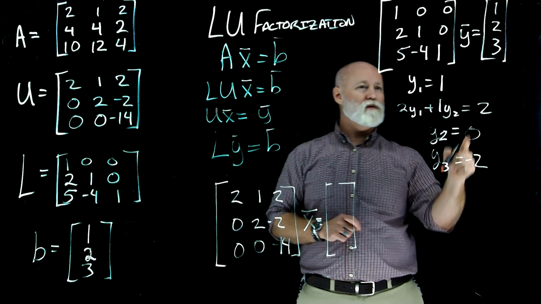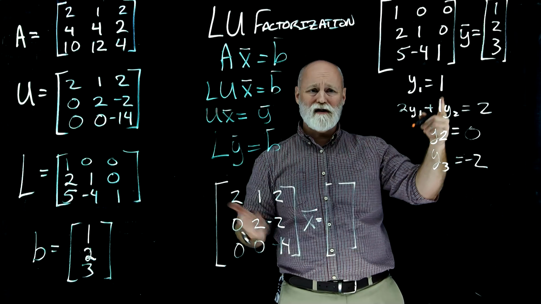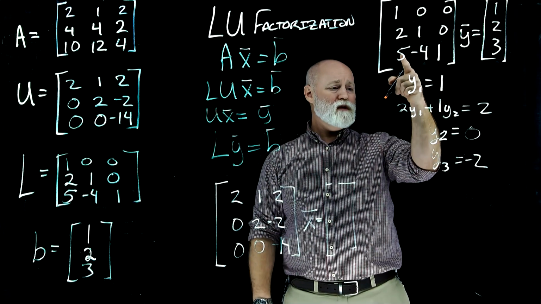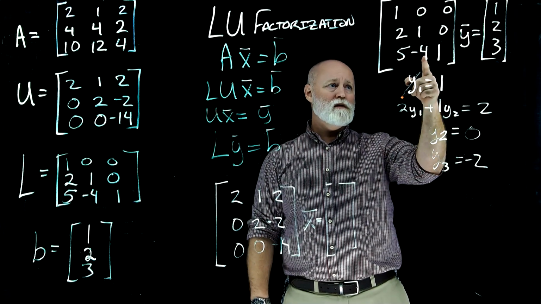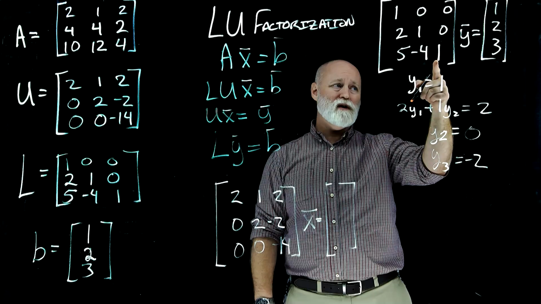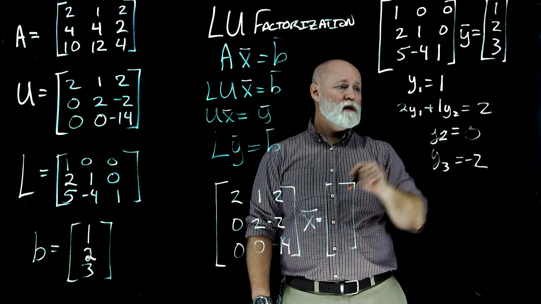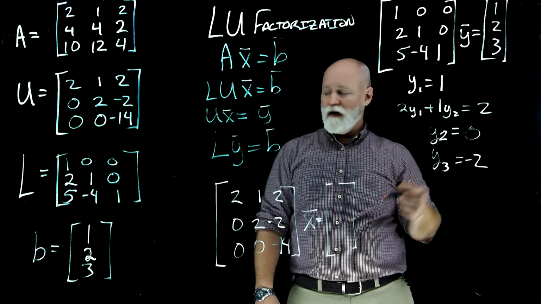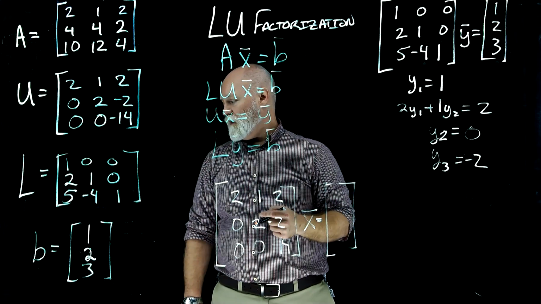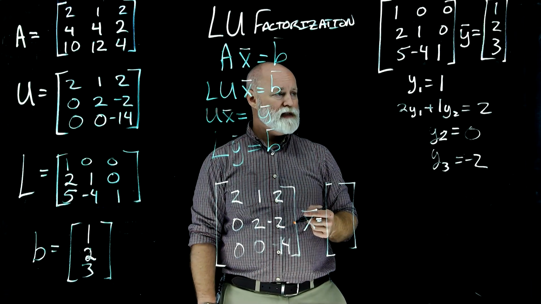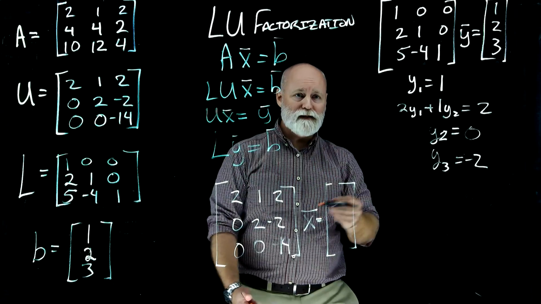If you want to run through that, please pause and write this out on paper. You'd have 5Y1 plus negative 4Y2 plus 1Y3 equals 3. You plug in 1 and 0, which we just found, and that gives us the value of negative 2. Now what? That's the exciting piece.